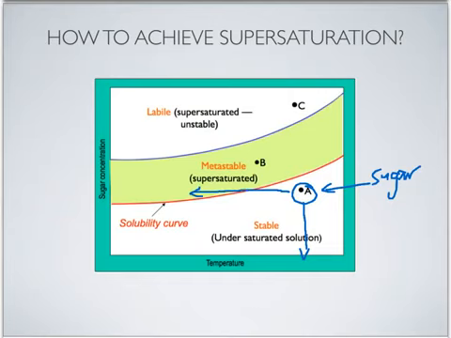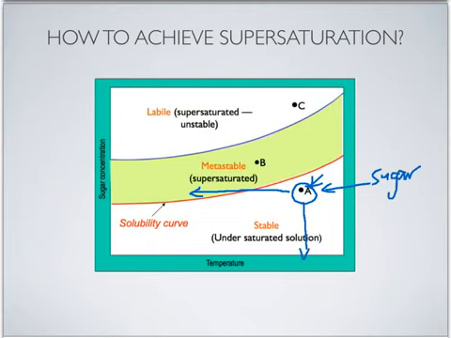When we cool down the solution to a lower temperature, if you still remember, at lower temperature the solubility of the solute is also lower. So what happens here is, at this point we have high sugar concentration because the temperature is high and the solubility is higher. When we cool it down to a lower temperature, now we have an excess of solute, which will need to be crystallized out.